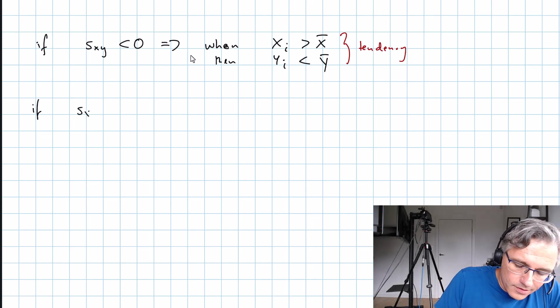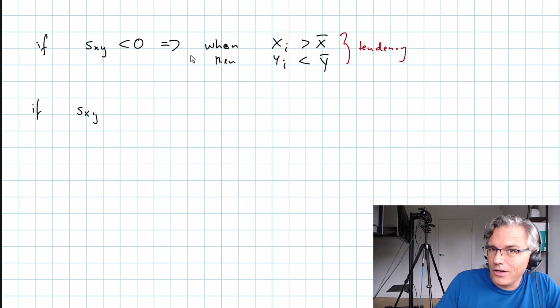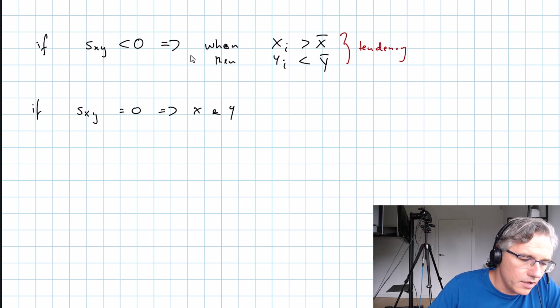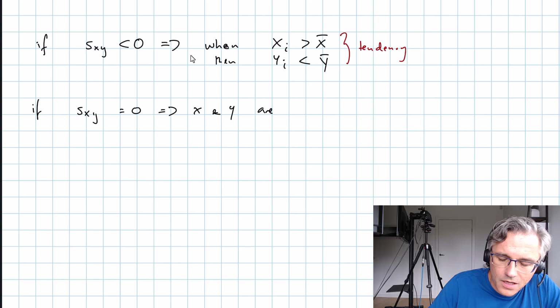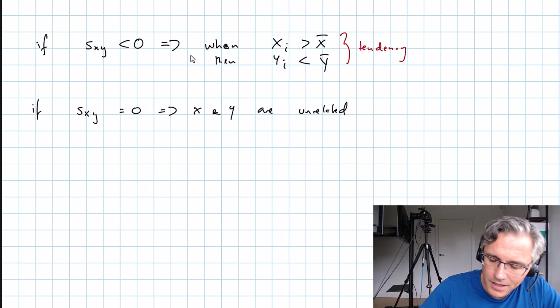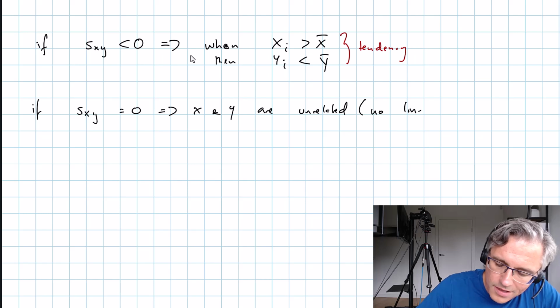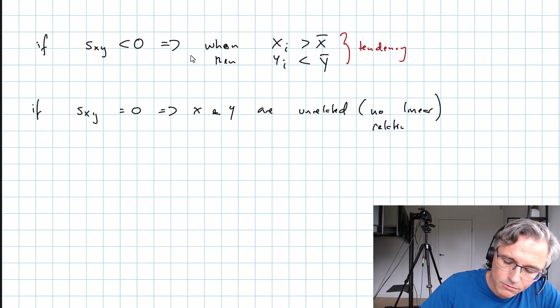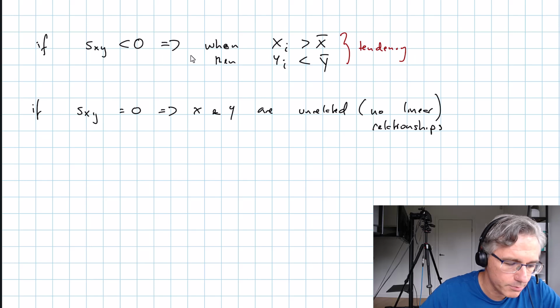On the other hand, if Sxy, the covariance between the two, were to be 0, then we would say that x and y are unrelated. There isn't any sort of relationship between them, at least no linear relationship exists. It's all about linear relationships when you deal with covariance and correlation, which we'll get to next.